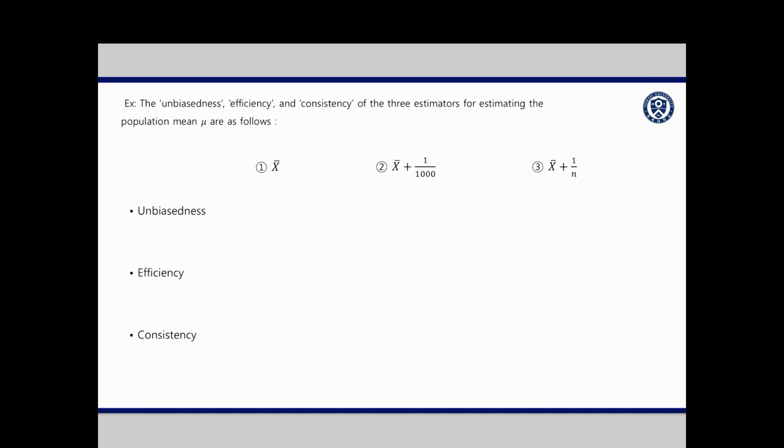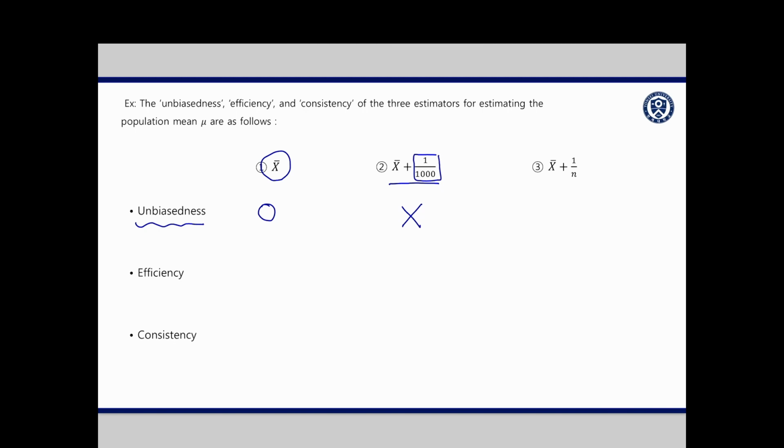So to sum up, for unbiasedness, the estimator x bar is an unbiased estimator, and x bar plus 1 over 1000 is not an unbiased estimator; the bias is 1 over 1000.